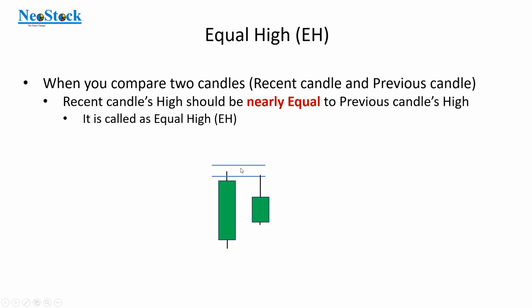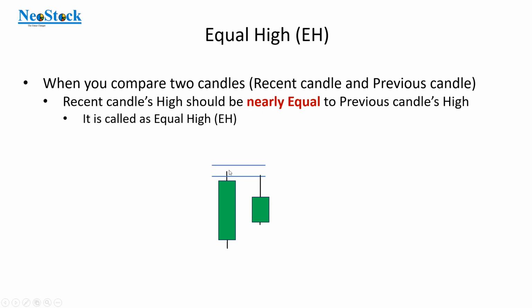Because most of the time the volatility in the markets will push the price. Due to the volatility changes, the price may not reach exactly the same as the previous high. It may stay a little below and then again go down, or it may go a little above and then again come back down.